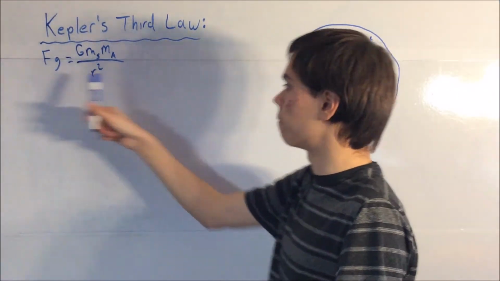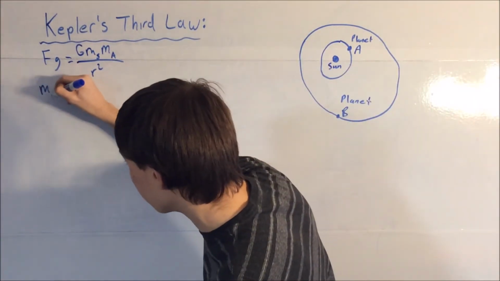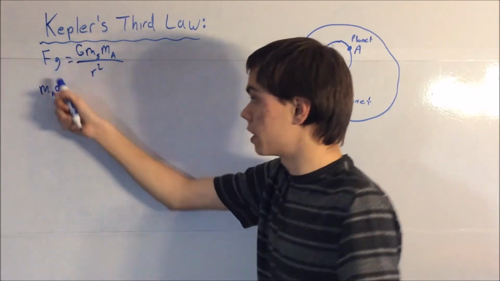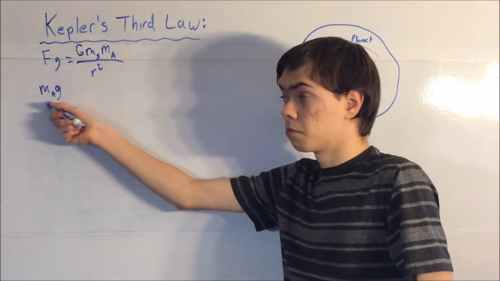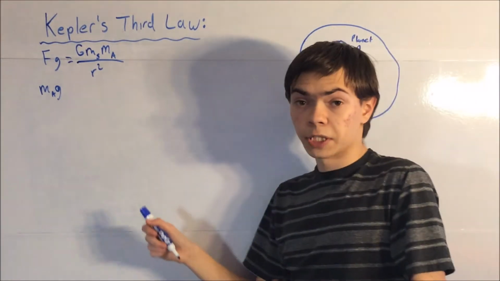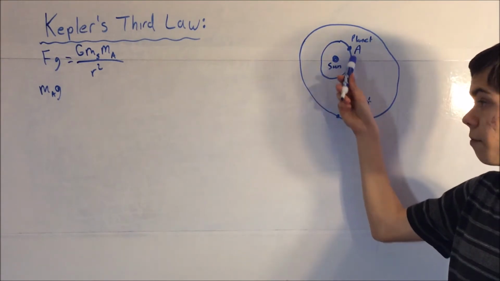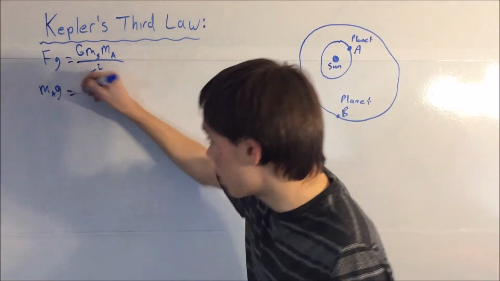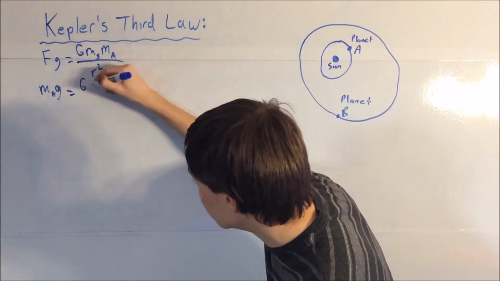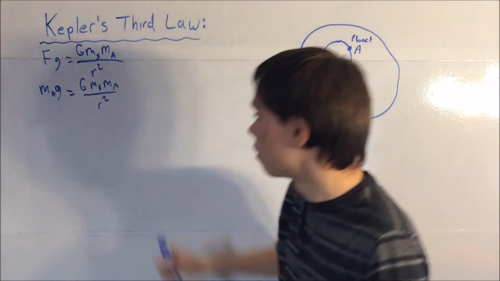But isn't the force of gravity on planet A from the sun just m g? So it's the force of gravity acting on planet A from the sun. It's kind of like just the weight of an object on Earth, just applied at a large scale, right? And so that is going to be that, and we have G ms ma over r squared.